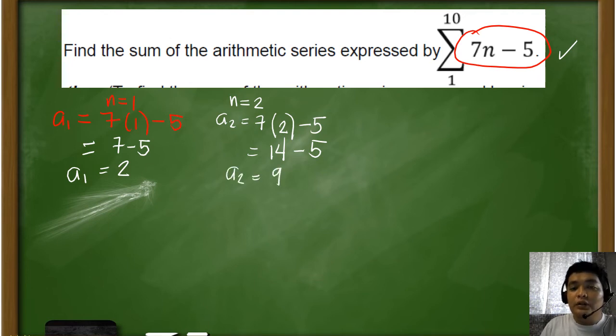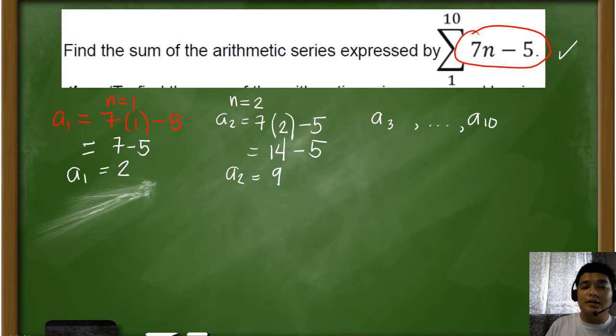So you will continue this until a sub 3, and so on, until a sub 10. Then you will add everything, that is your arithmetic series. To make it easier, we can also solve for the difference. What is the d?